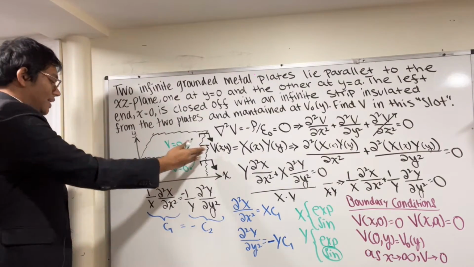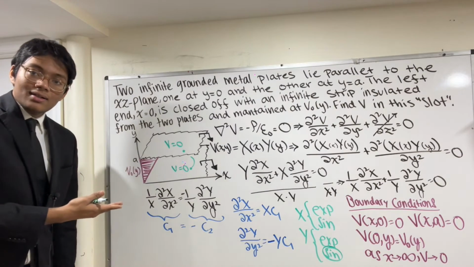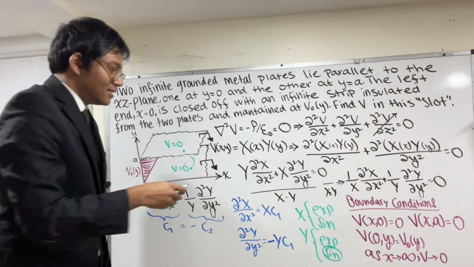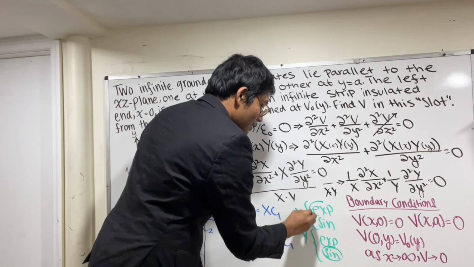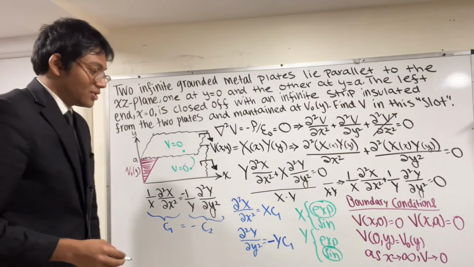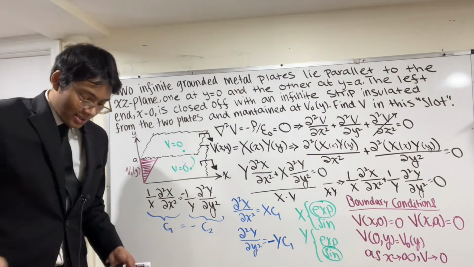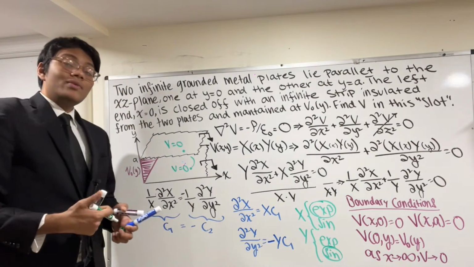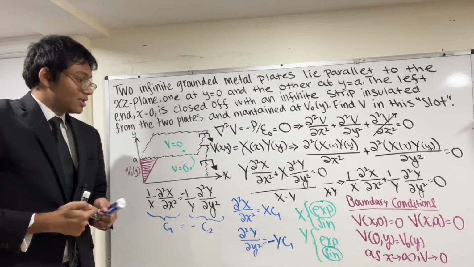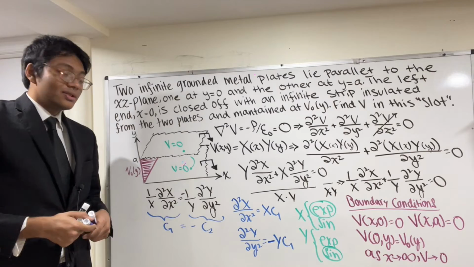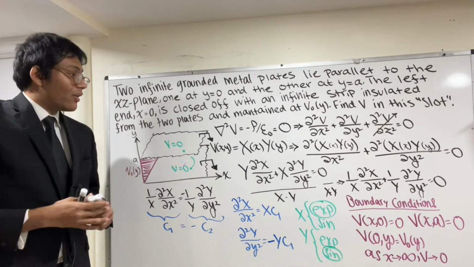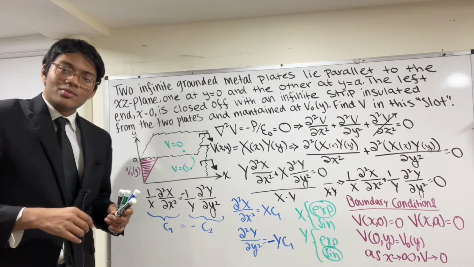We don't have another plate here that's V naught of y. So the x function must be an exponential. X exponential, y sinusoidal. So now that we've figured out what functions we should have in the x and y directions, we can now write our potential function, or at least get started with it.